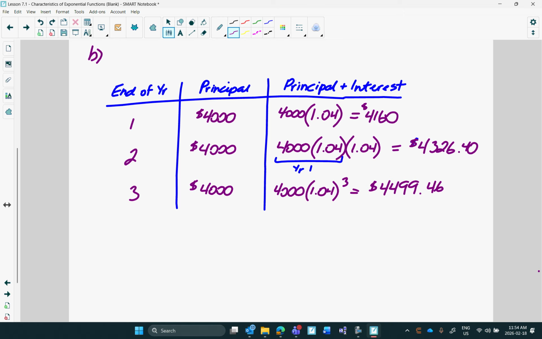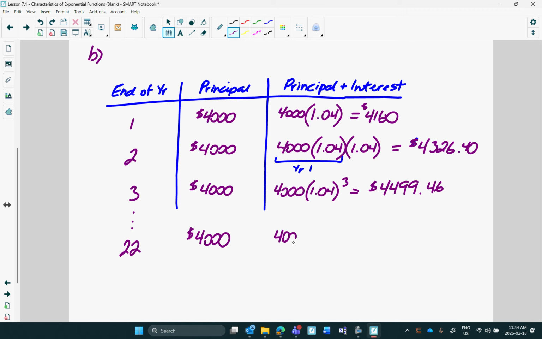Okay, how many years have passed since you turned 18? Let's assume we're all 18. So that means at the end of year 22. Remember, you've forgotten about this money.